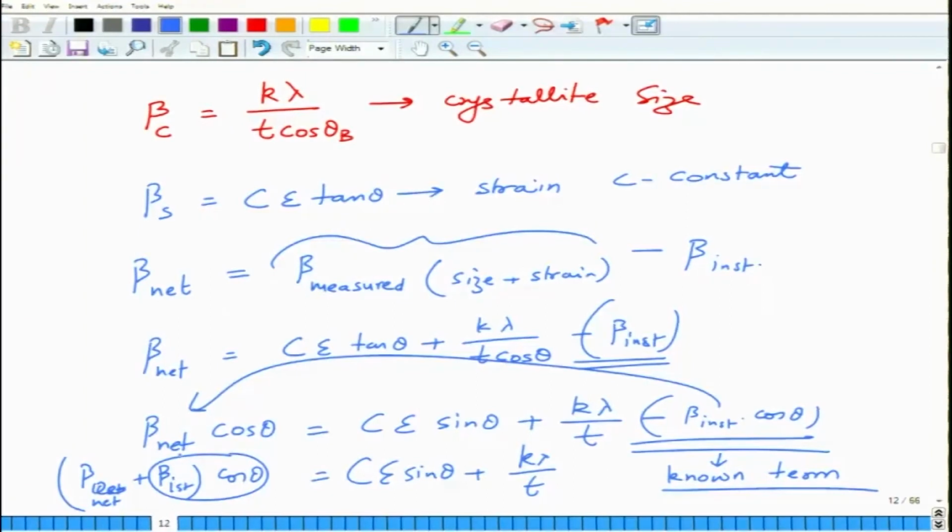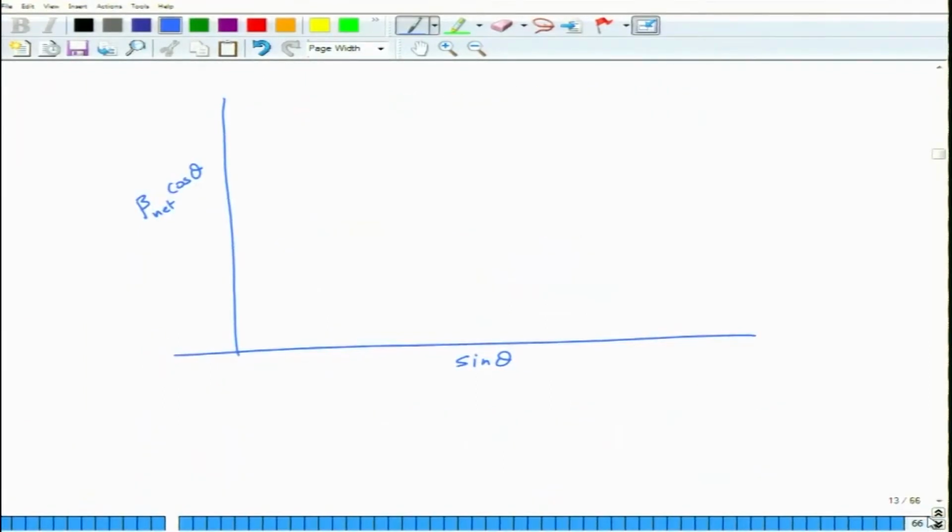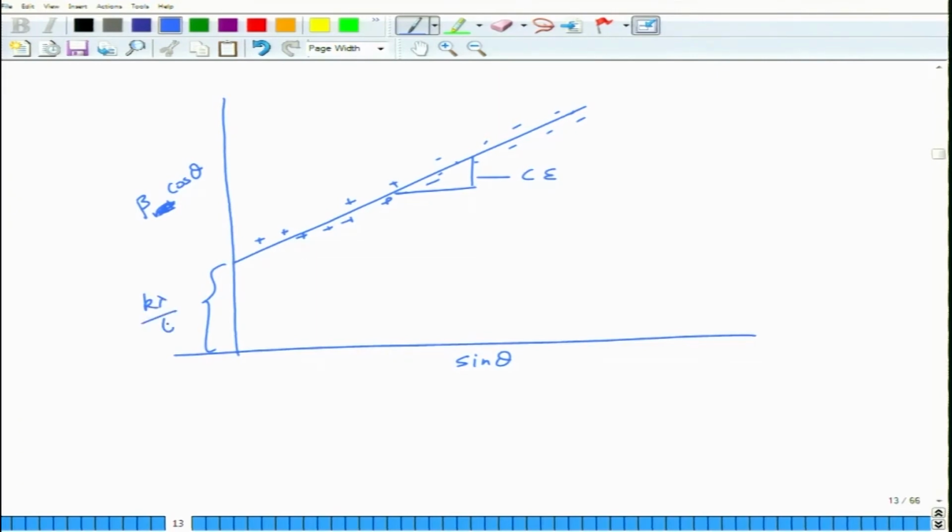So, if I plot beta cos theta as a function of sin theta, I should get a straight line for various theta values. Okay. The slope of this equation will be equal to C epsilon and the intercept will be equal to k lambda by T.